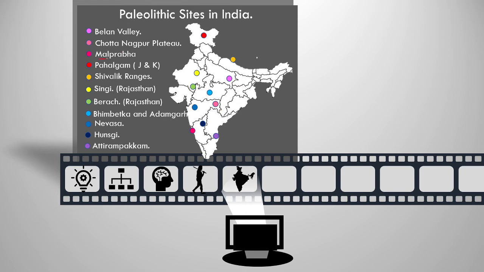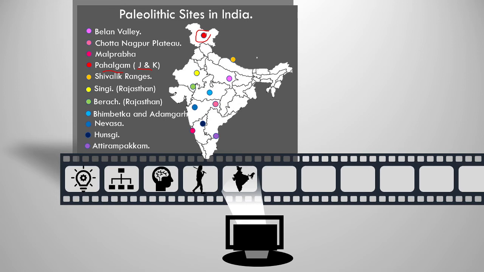Now next is Malprabha. Malprabha is in western Karnataka, on the border of Puducherry. Next is Pahalgam, which is in Jammu and Kashmir, in North India. It is in central Jammu and Kashmir.